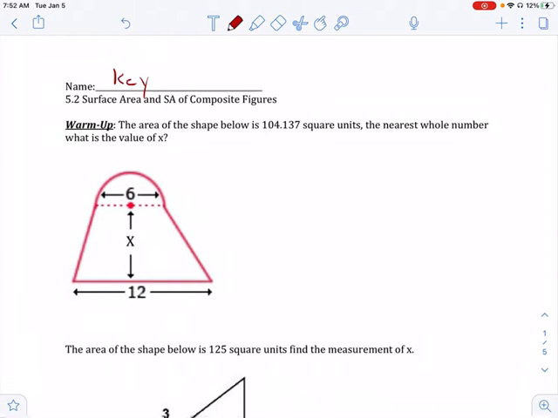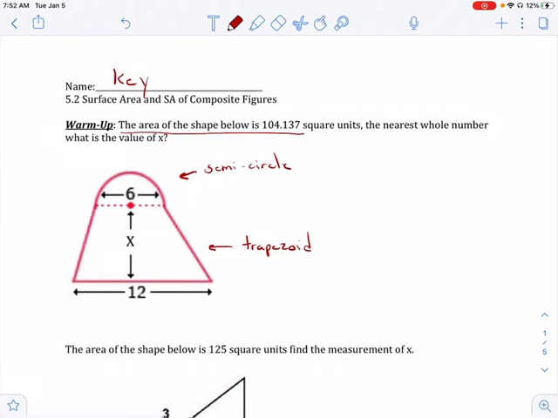So here I can see that I have a semicircle and I have a trapezoid. It shouldn't be too different from problems that you had yesterday, but we do need to use a little bit of logic. I have a situation in which I have the entire area.